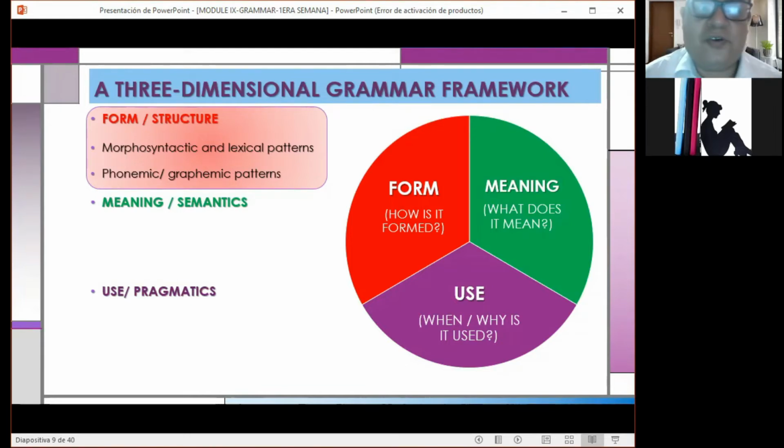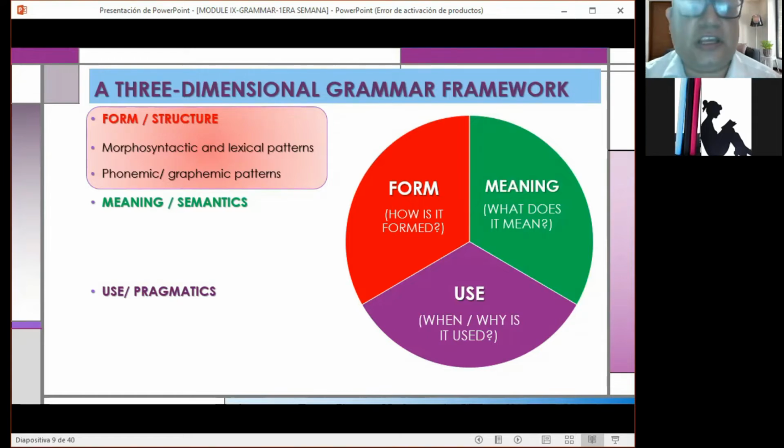Morphology is how you form words, how you make words. And syntax refers to how you make sentences and phrases. And lexical is related to vocabulary. But then here you have also some phonemic or graphemic patterns.